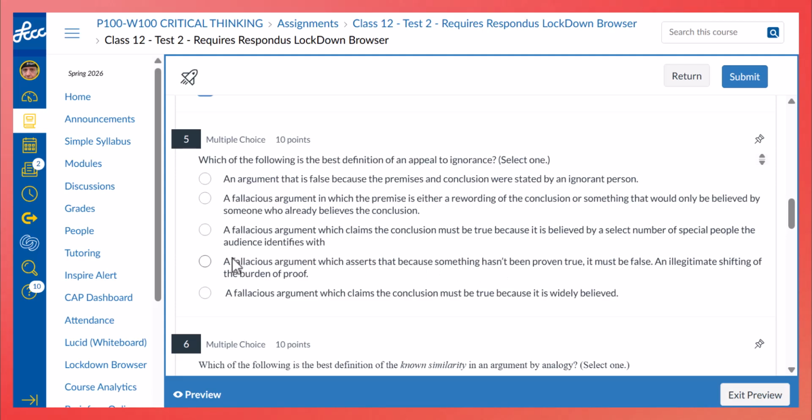So here we go. A fallacious argument which asserts that because something hasn't been proven true, it must be false. An illegitimate shifting of the burden of proof, right? So appeal to ignorance was a version of the burden shifting fallacy. The other one, this is circular reasoning, and this is appeal to vanity or appeal to identity. So those are not the right ones.